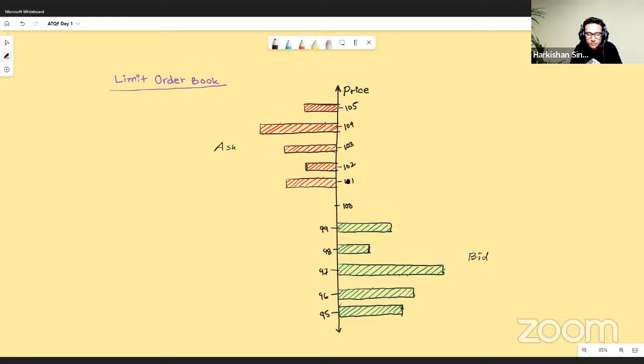Now, $100 is the mid price. So how do we find the mid price? As I've said, this price is considered the best ask, and this price is considered the best bid.